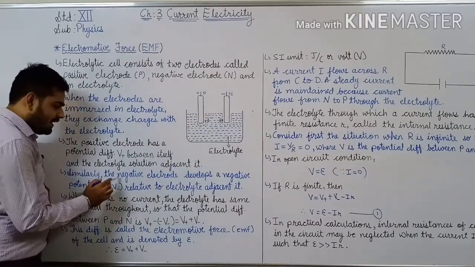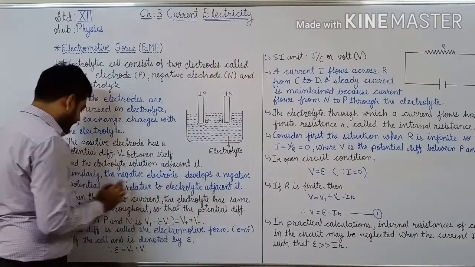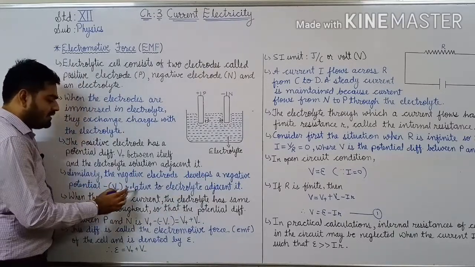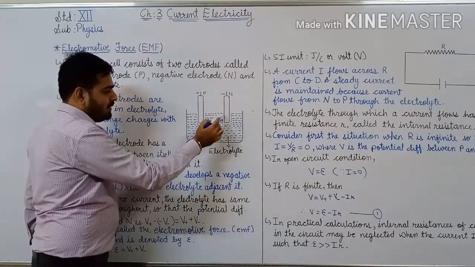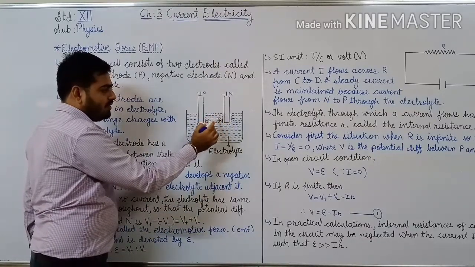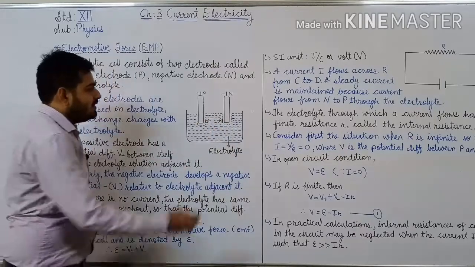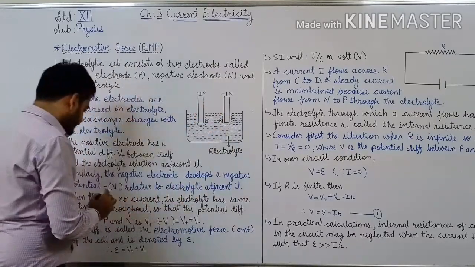Similarly, the negative electrode develops a negative potential, minus V minus, relative to the electrolyte adjacent to it. The potential difference between this electrode and electrolyte is minus V minus.